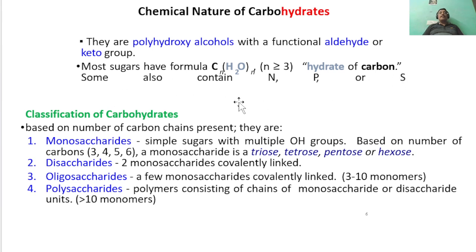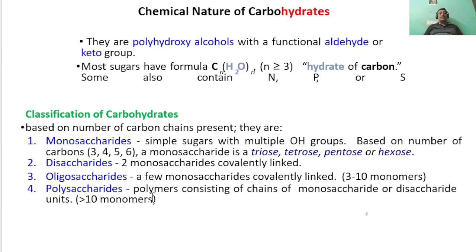Now how can we classify carbohydrate based on how many units it has? If it has only one unit, we call that a monosaccharide. We call that a simple sugar. But monosaccharide examples are multiple, and followed by that, disaccharide, that means two monosaccharides covalently linked with one another.